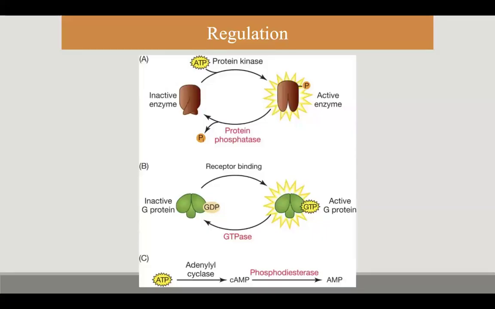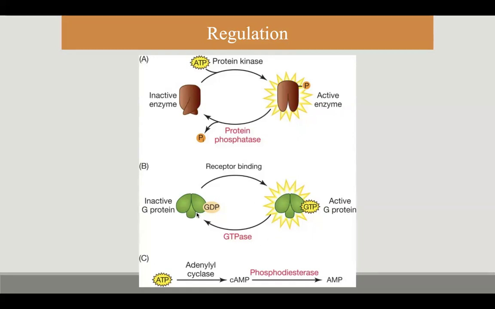Once that phosphate is bound, it could be active. Then phosphatase takes off that phosphate and returns it to its original state. The opposite can also be true. You could have an active enzyme, and when a phosphate is bound to it, it becomes inactive. Then phosphatase takes off the phosphate, making it active again. So it could work both ways for ATP protein kinases.